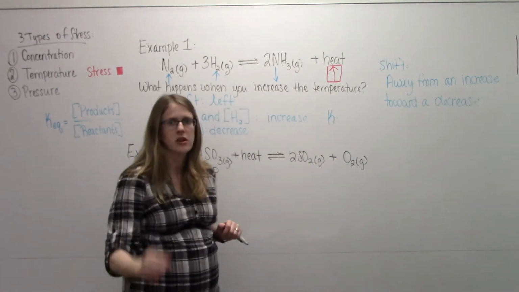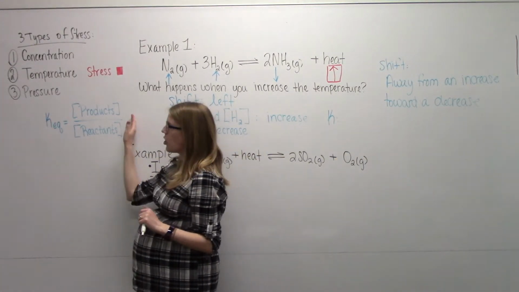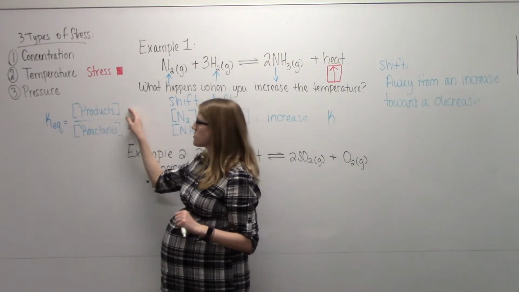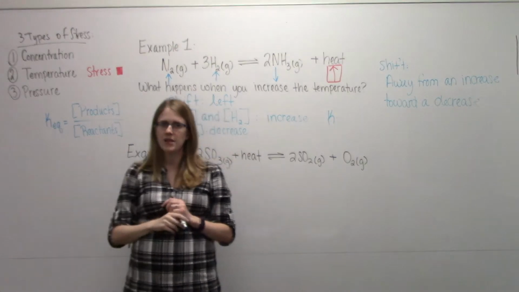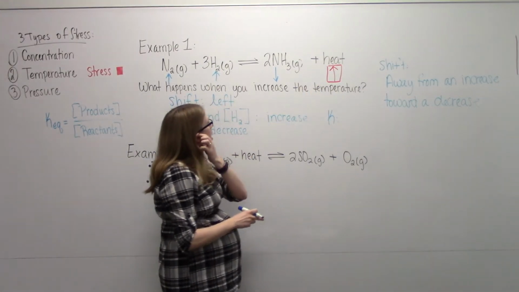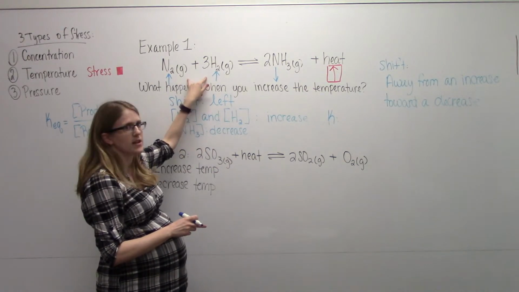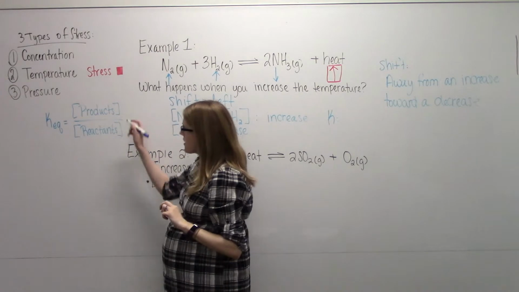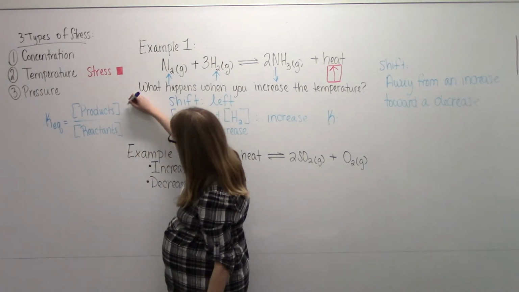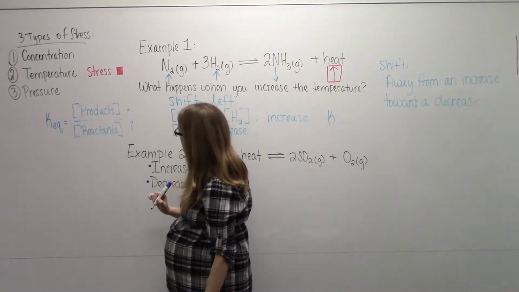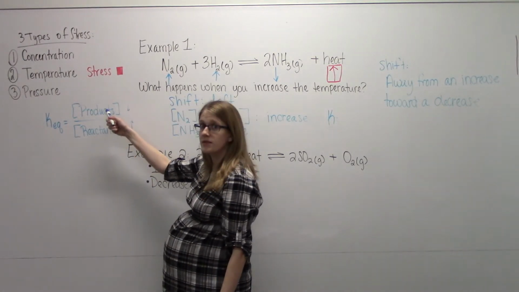So we're going to use our little generic, kind of oversimplified KEQ expression. K equals products over reactants. Let's see what has happened here. When we increase the heat, as a result, the reactants increased, the products decreased. What would that make K do? If the products are decreasing and the reactants are increasing, wouldn't you see products on top?